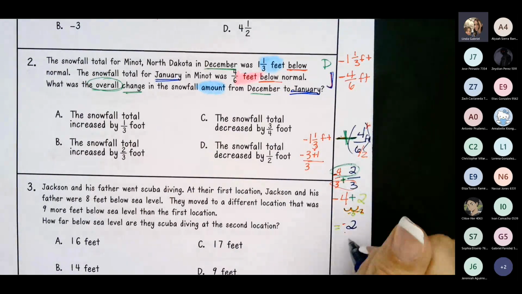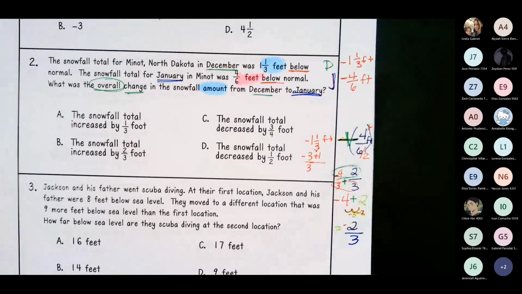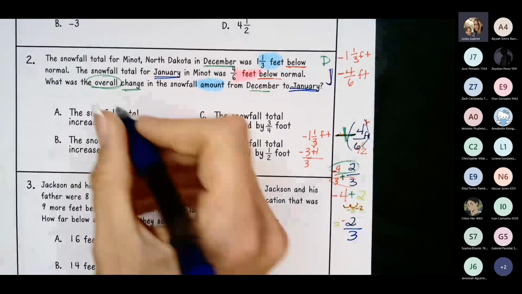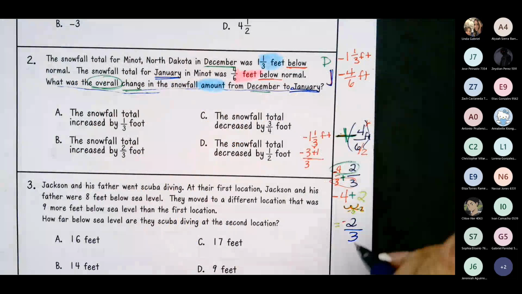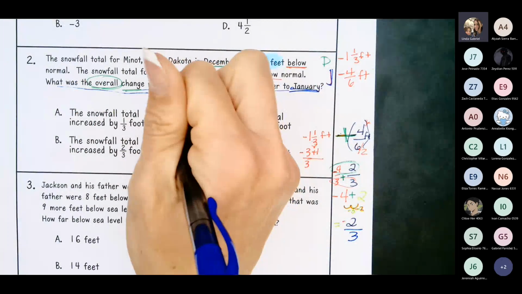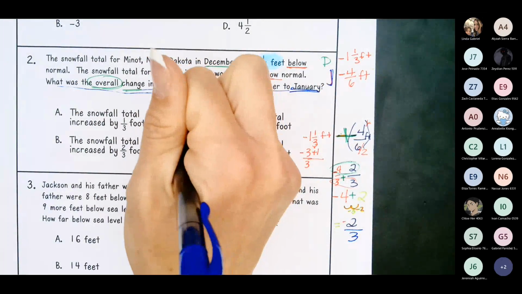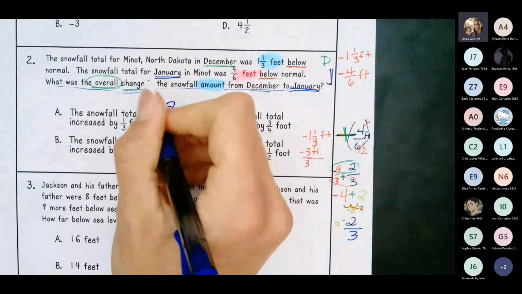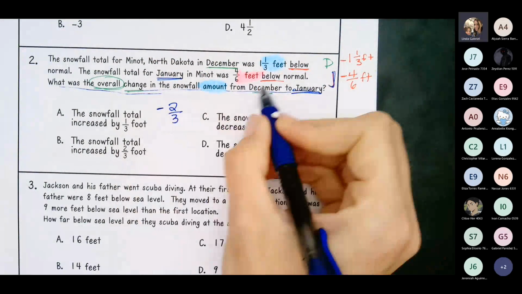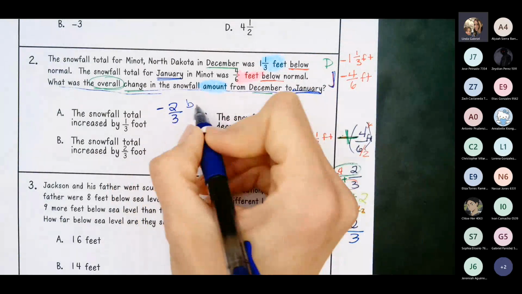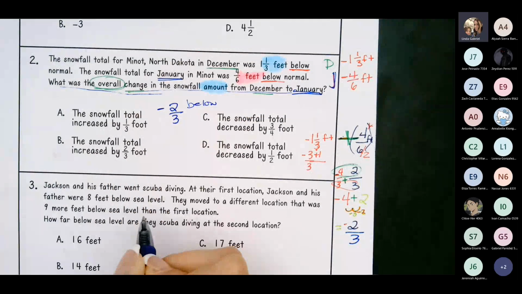So I have -2 over 3. But my question was, what was the overall change in the snowfall amount? It was -2/3, right? Because it's 2/3 below normal.